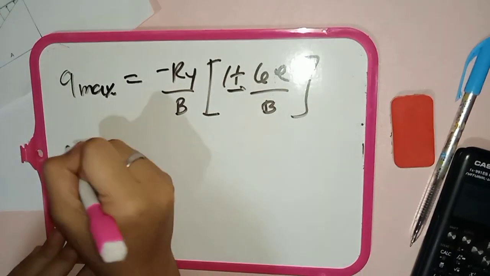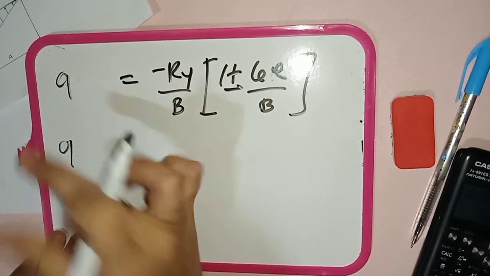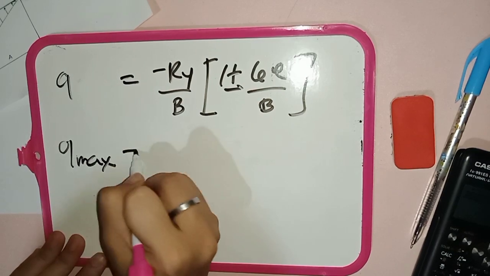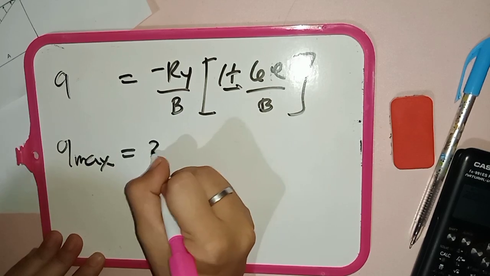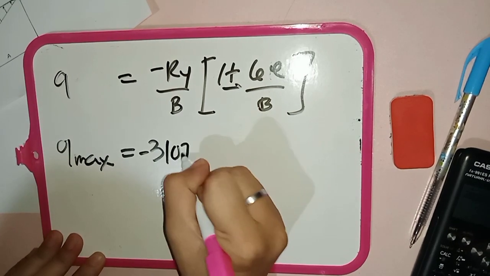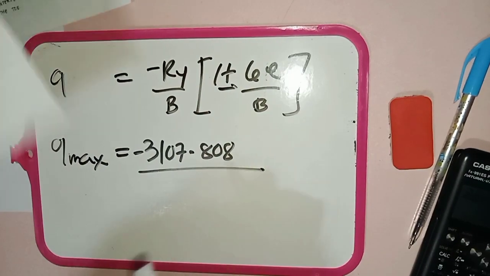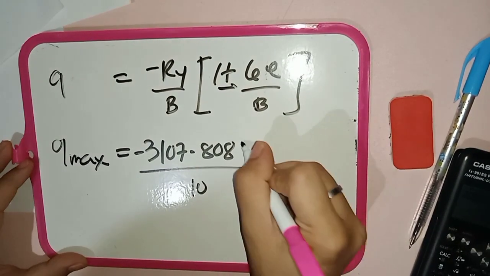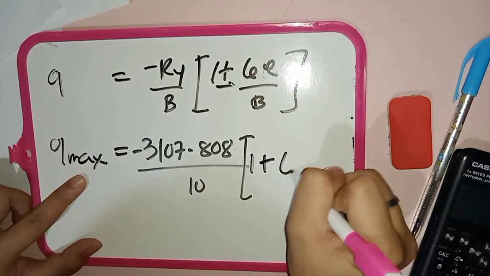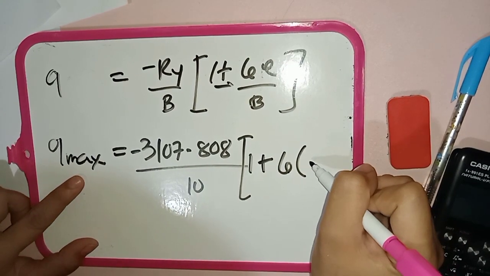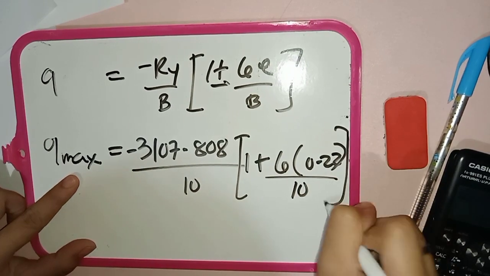So we will get q max, using the plus. So negative Ry, which is 3,107.808, over our b of 10, multiplied by 1 plus 6 times our e of 0.22 over our b of 10.